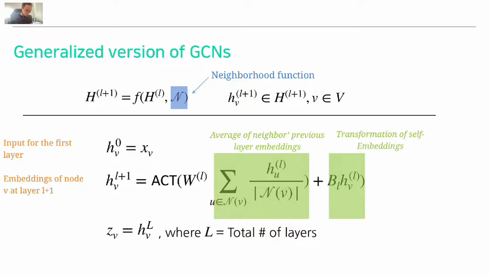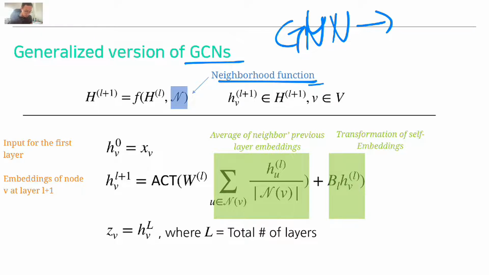So from the GCN, we can notice that the graph neural network problem is sort of a design choice of the neighborhood, the propagation function, and the nonlinear activation function.